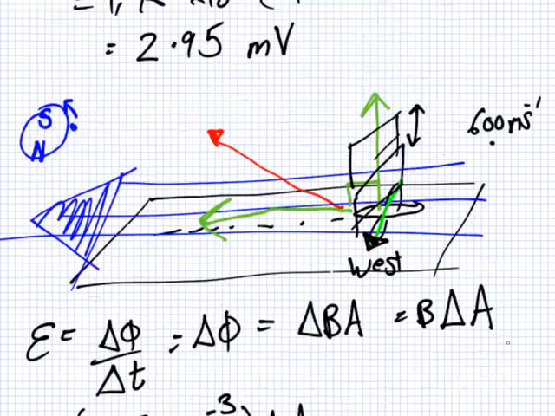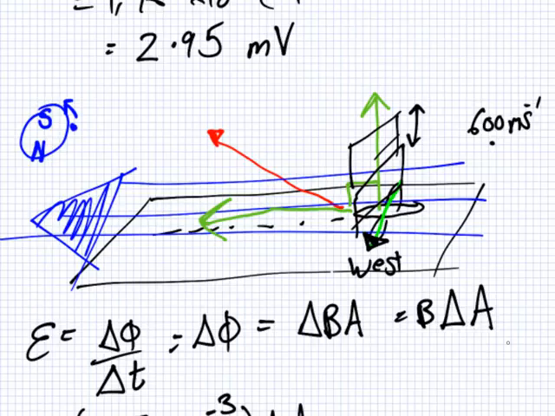Whereas in my picture, from using the right hand rule, the voltage is going from the right to the left, the east to the west of the wings. So when the plane lands at the North Pole, the current will change direction.